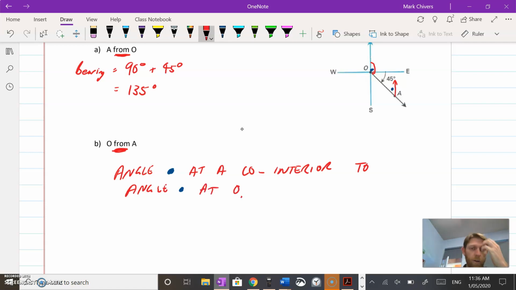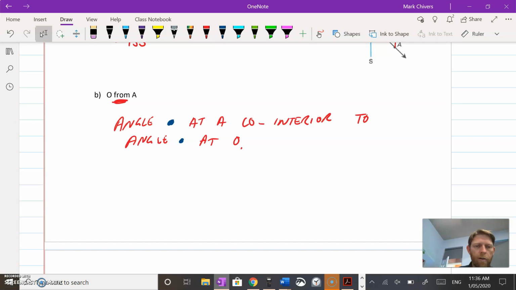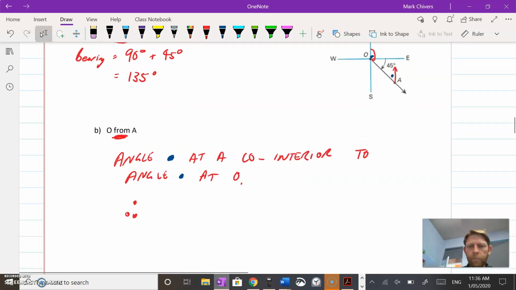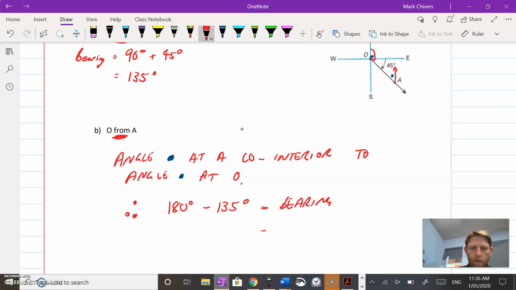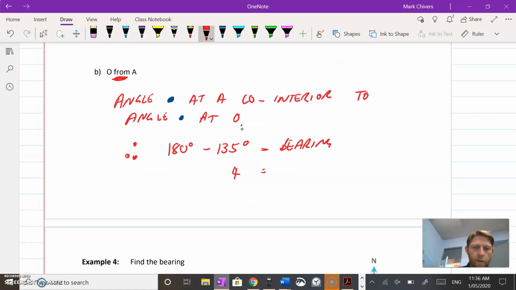So the angle dot at A is co-interior to the angle dot at O. So if they're co-interior, it means they add up to 180 degrees. So therefore, 180 degrees minus 135 degrees is going to equal our angle, which in this case is going to be 45 degrees.